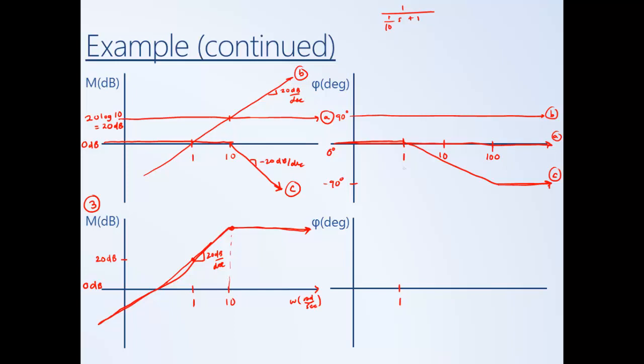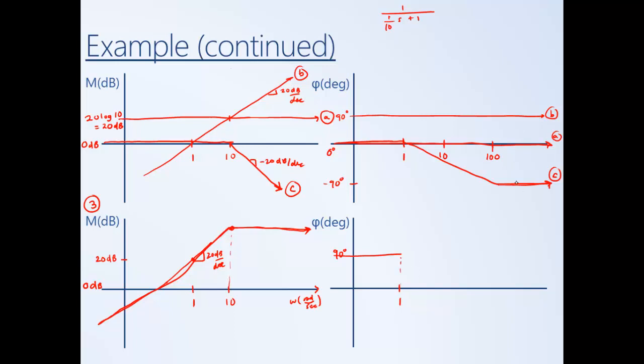So at 1 radian per second and below 1 radian per second, these phases are all constant. So we have two components that have a phase of 0 and one component that has a phase of 90. So 90 plus 0 is 90. So at these low frequencies, the phase is equal to 90 degrees.